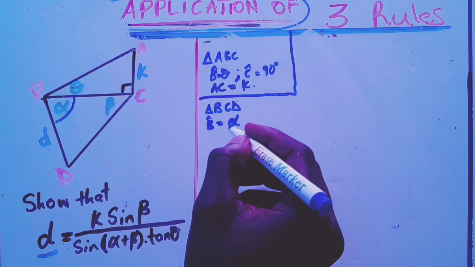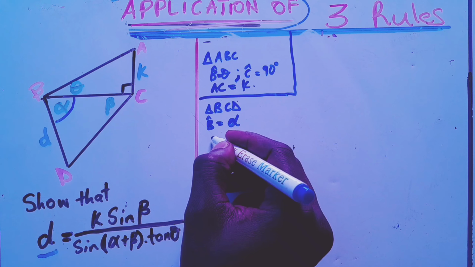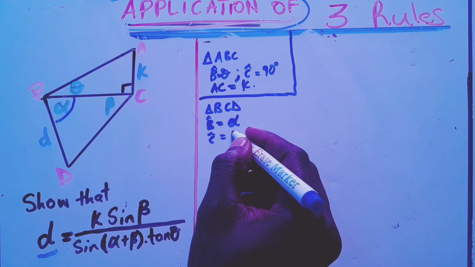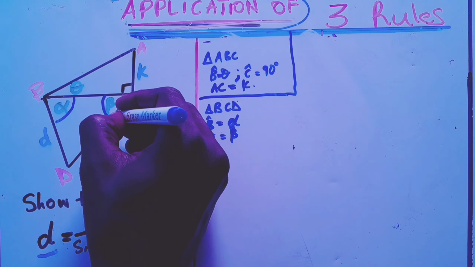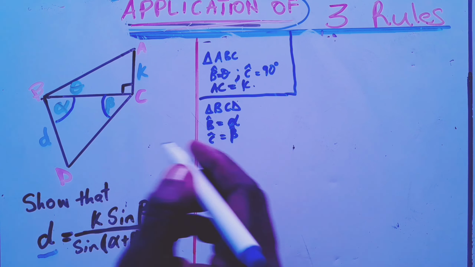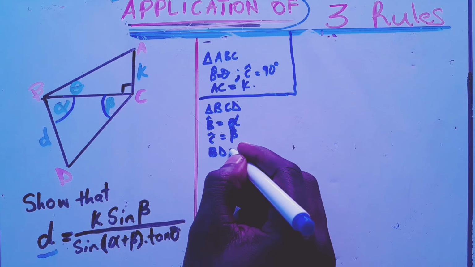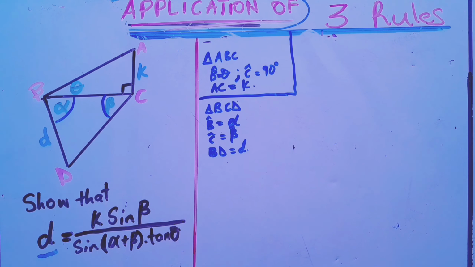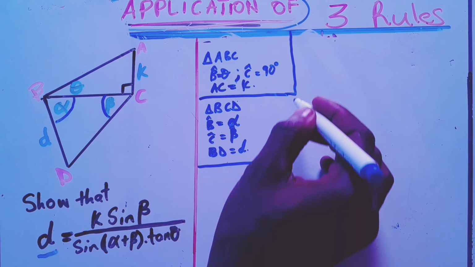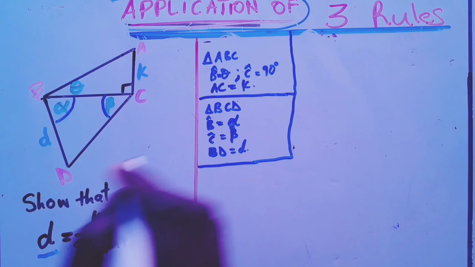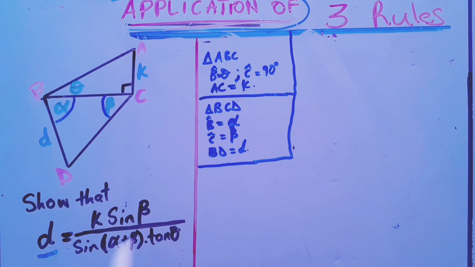And this angle C is equal to beta, right? So this is beta like that. And then it is having line BD being equal to D, right? But what are we told to do? We are told to show that this D is equal to this whole information right there, right?